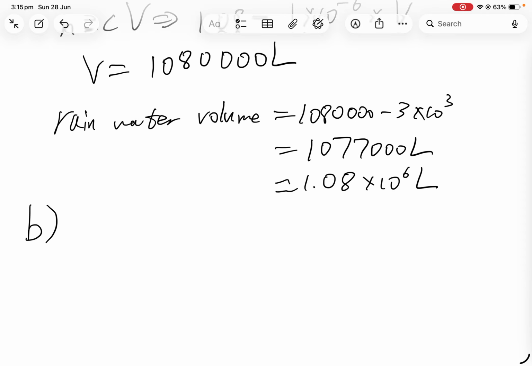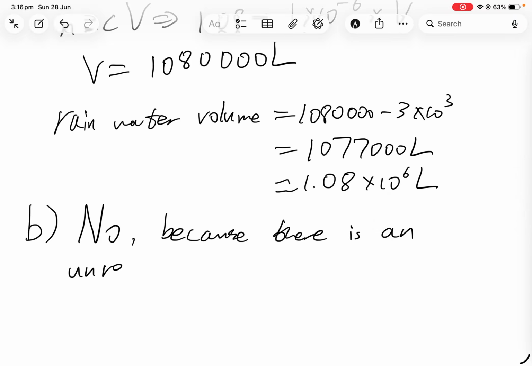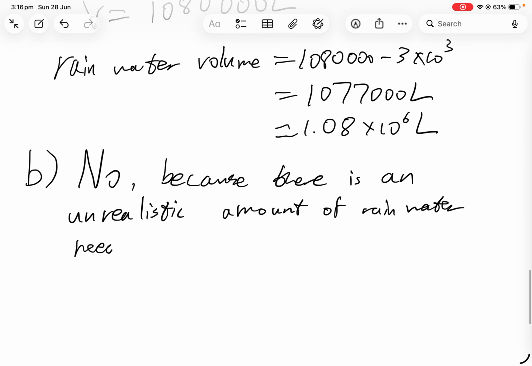Now for part B, it asks, is this a practical method of reducing the hydrogen ion concentration? Explain. Okay, no. It's basically just because there is an unrealistic amount of rainwater needed.